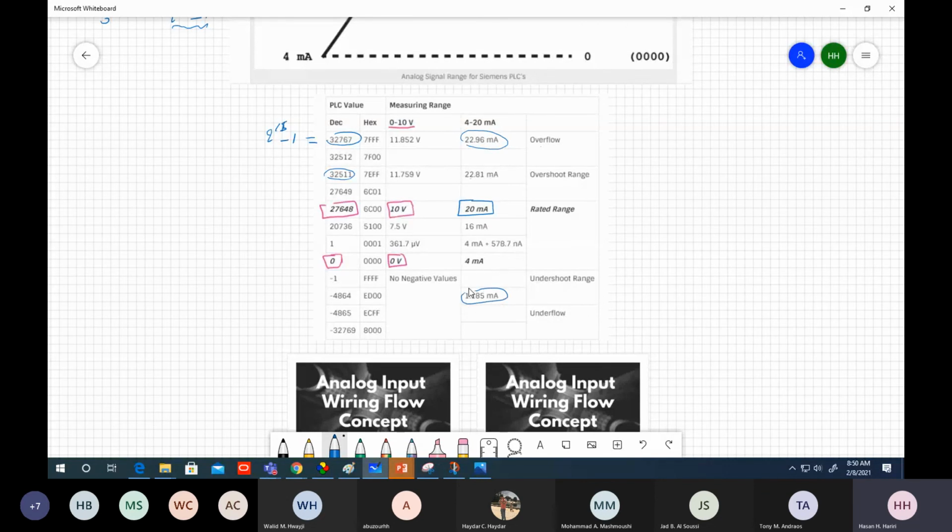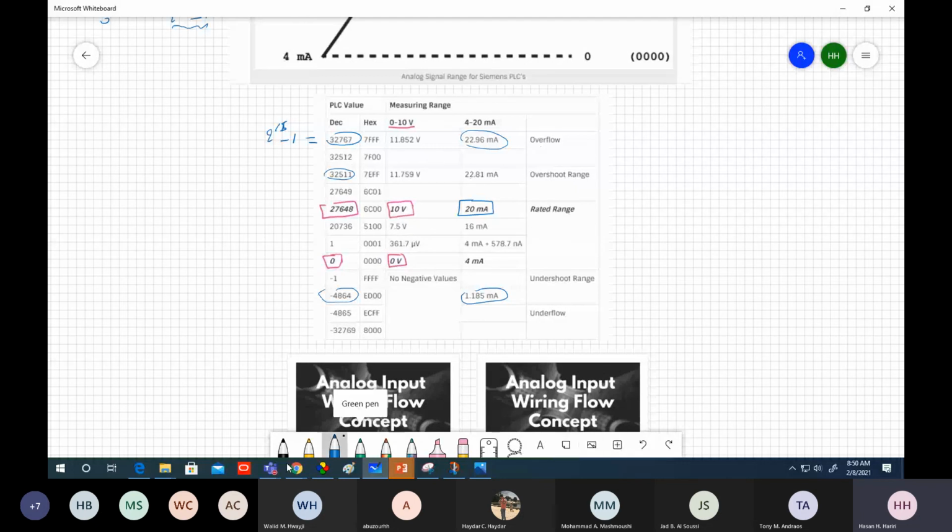If it is less than 4 milliampere, they assign to it some negative number, because we know the range is from 32767 up to negative 32768, if I'm not wrong.